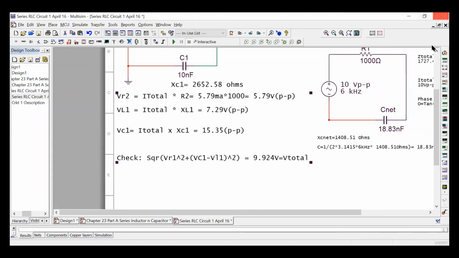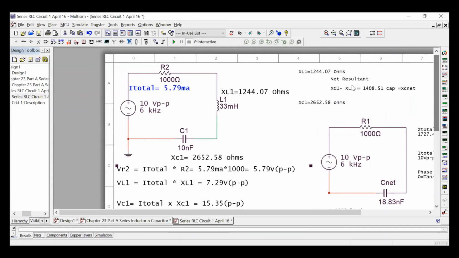So basically on this type of circuit, and we're going to throw the simulator on here to see what the current is in a second, we have an RLC circuit, and I'm going to have to move some stuff around. I'll have to put some instrumentation on here. And we have three components. We found this to be a capacitive circuit.